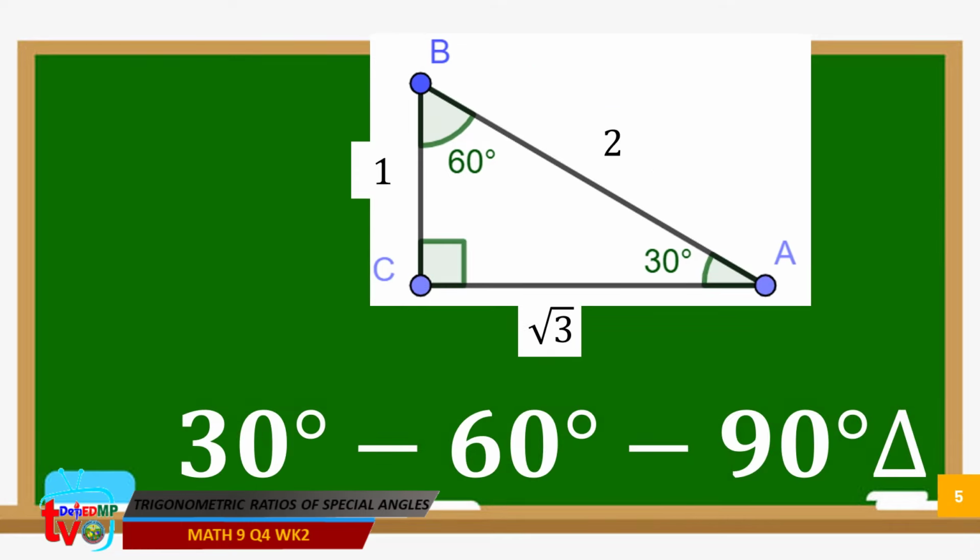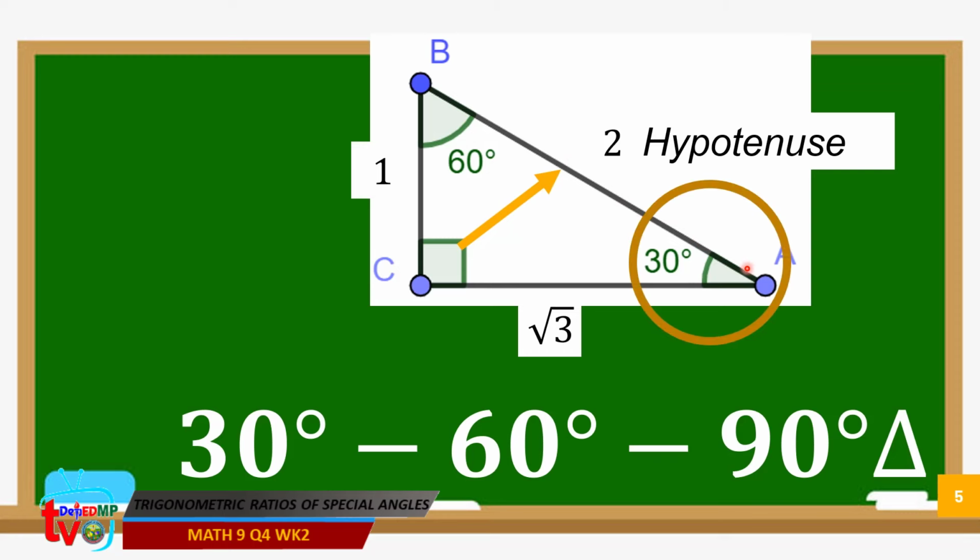Let us now solve for the primary trigonometric ratios of a 30-degree angle. Let us first identify our hypotenuse. The hypotenuse is the side opposite the right angle. Therefore, our hypotenuse is line segment AB. Now, let us encircle our reference angle, 30 degrees.